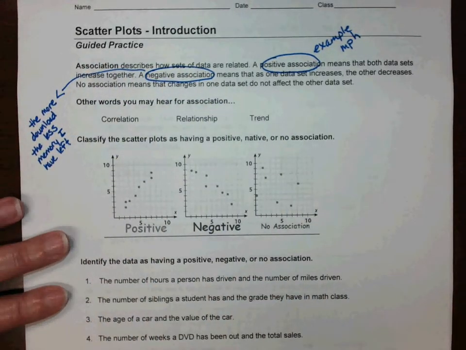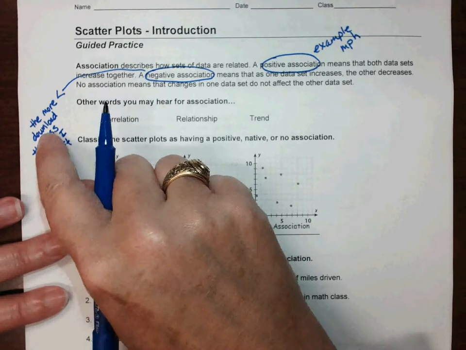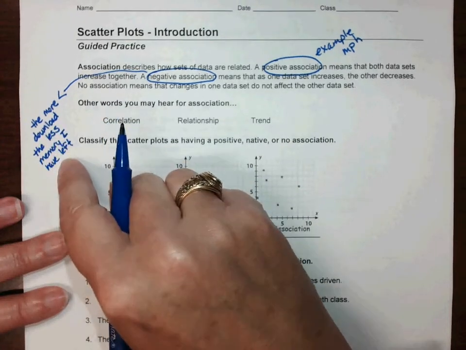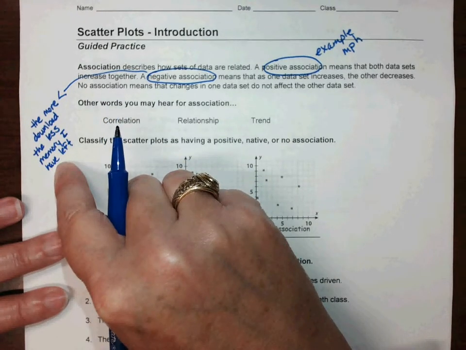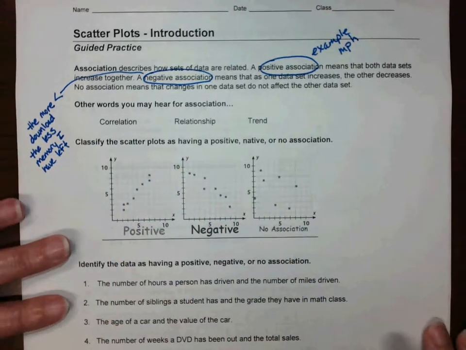Right? It's a negative association. As the downloads increase, the amount of space you have left on your phone decreases. So that's a negative association.